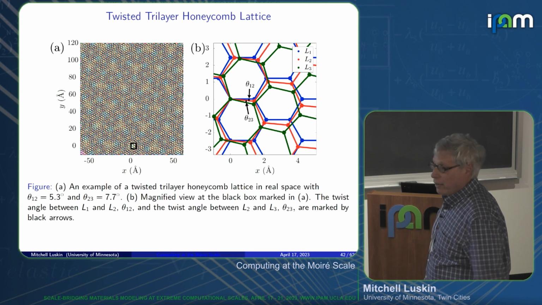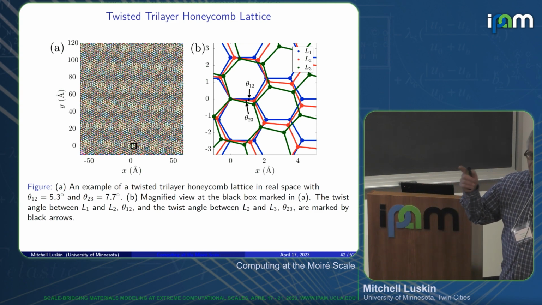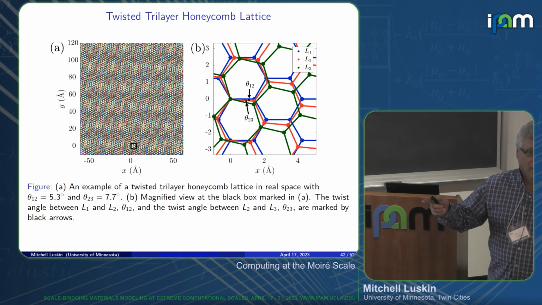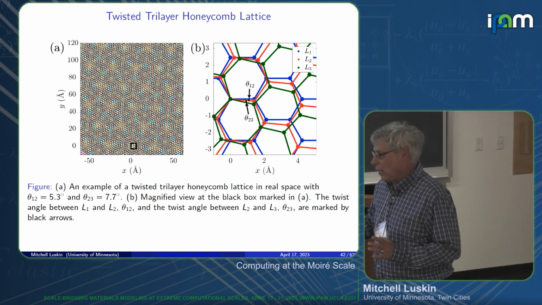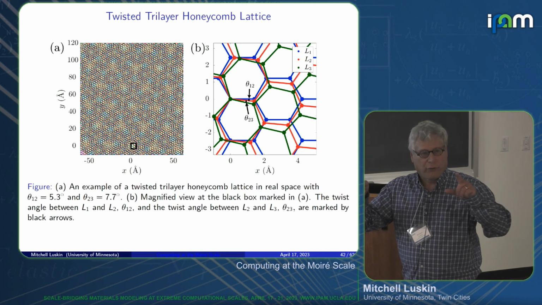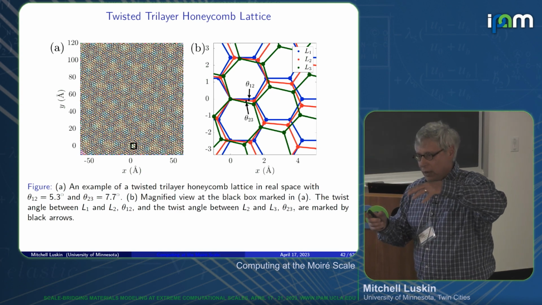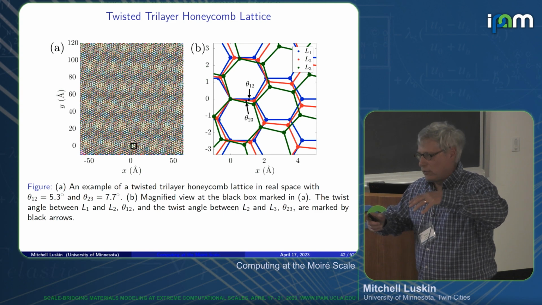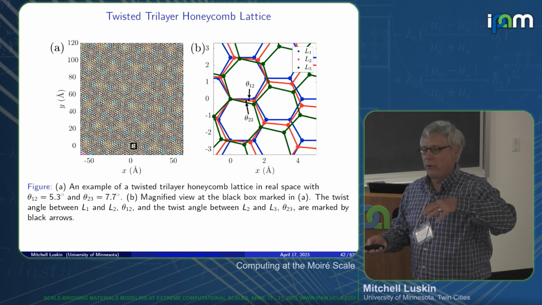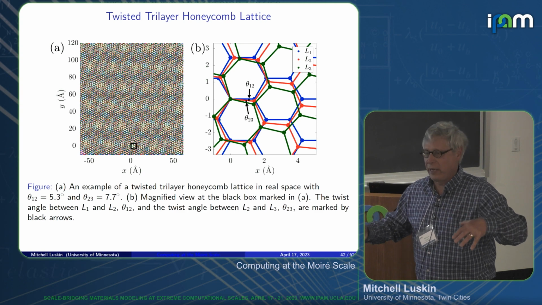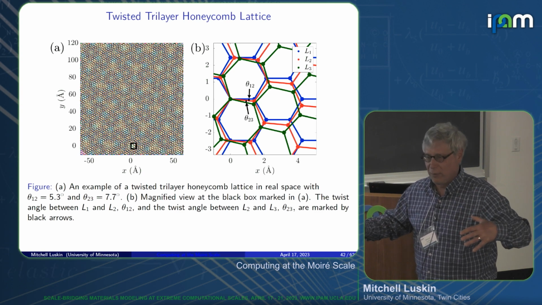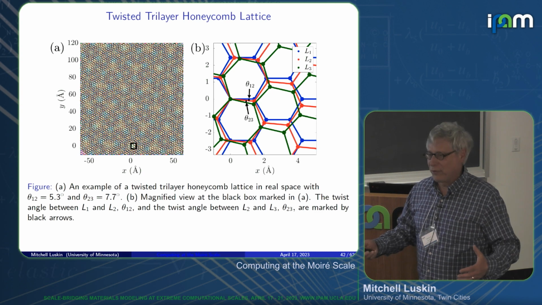So we've been doing that, and for trilayer problems, our theory is the theory, because in a trilayer you have two independent twist angles, and you don't have a 2D periodic structure. It's much more complicated. Again, think of taking a mechanical system and driving it with one frequency, right?